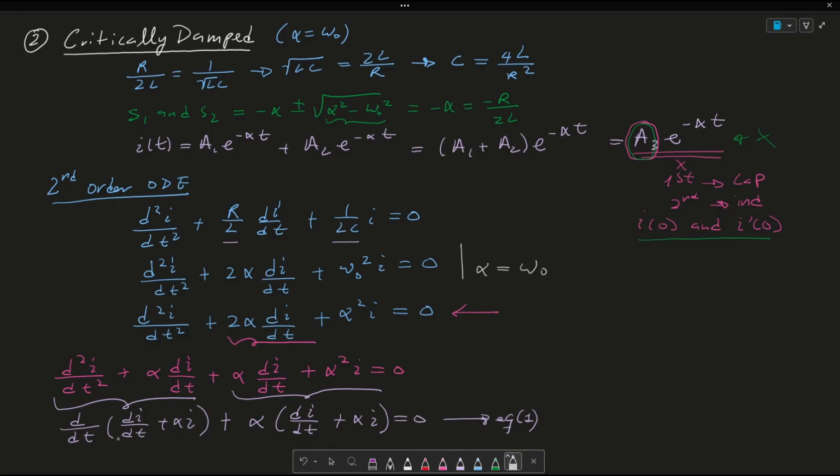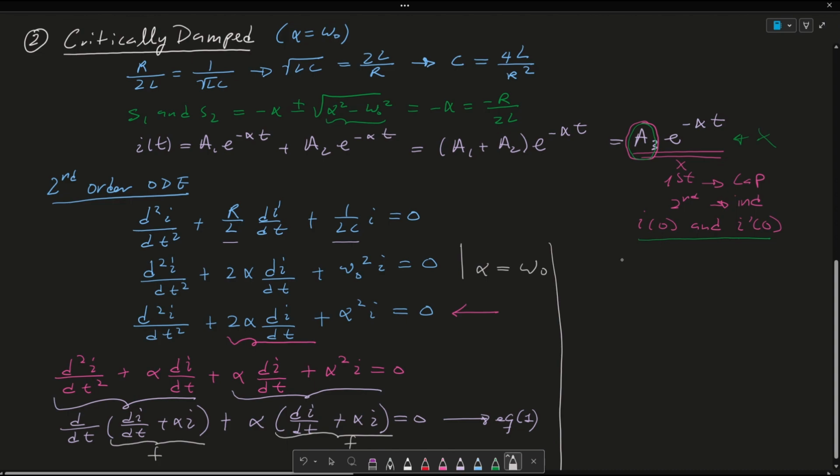Let me go ahead and call this term here f. So again, it's the same as this term here, f. So if I say that f is equal to dI over dt plus alpha I, therefore, from equation number 1, I'm left with df over dt plus alpha f is equal to 0.